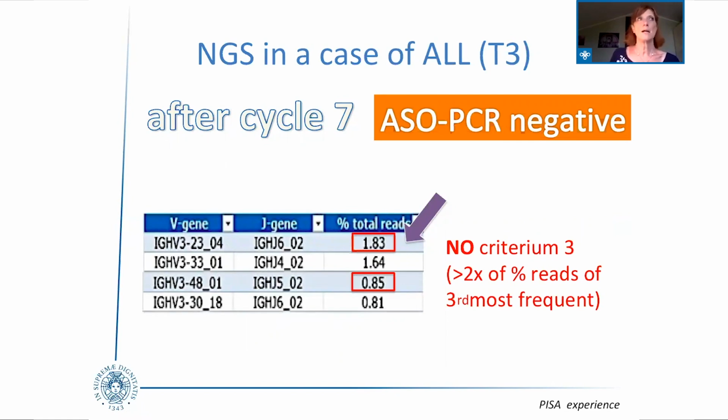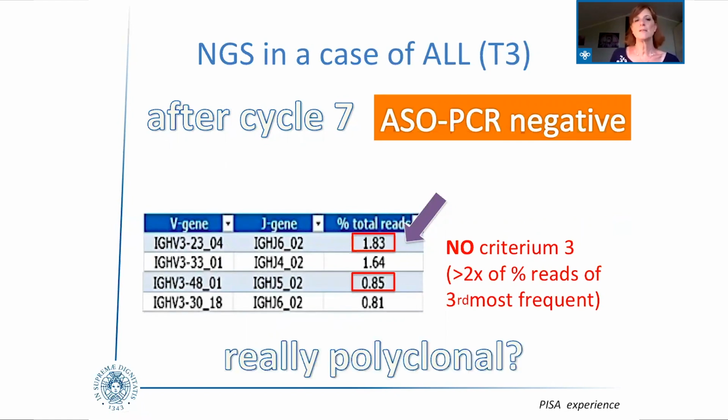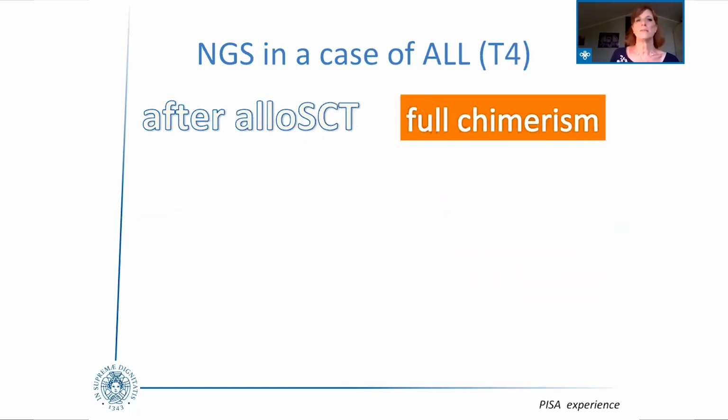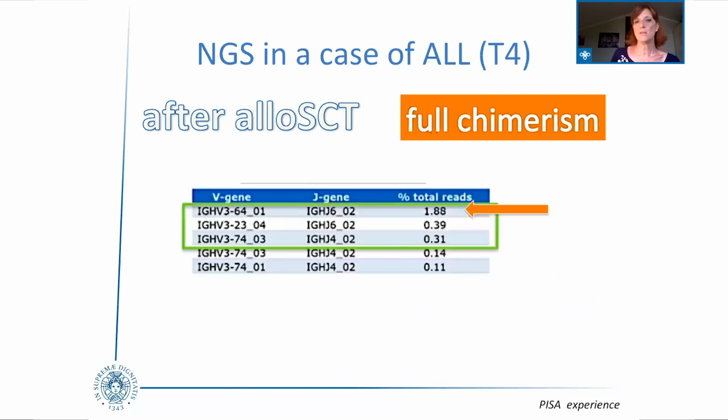But we discussed this case and we decided to consider him as monoclonal, and he received allogeneic stem cell transplantation. Was it good? The patient achieved full chimerism, but during the follow-up, we observed by NGS the reappearance of a very small orange clone.